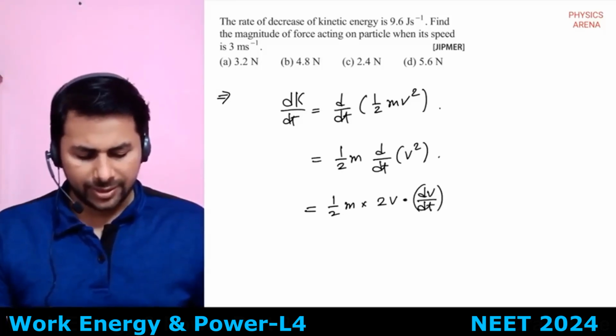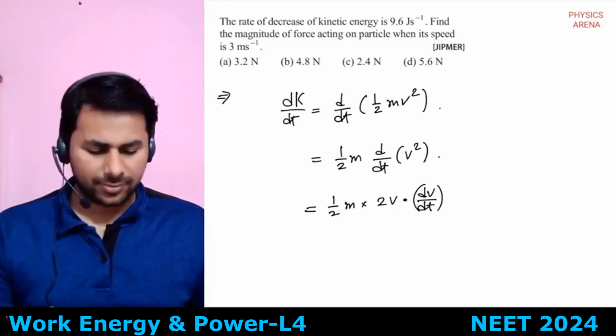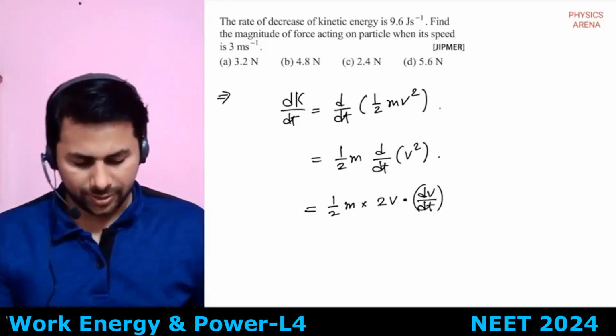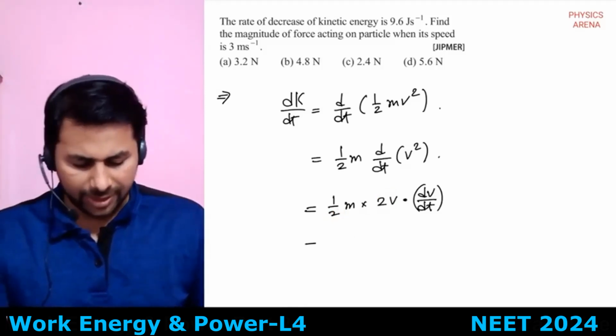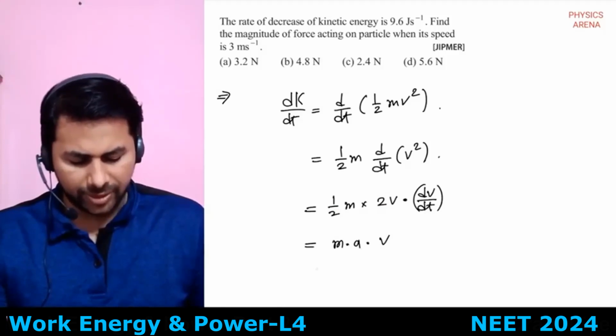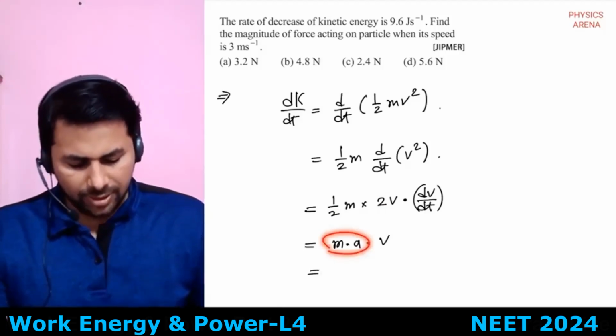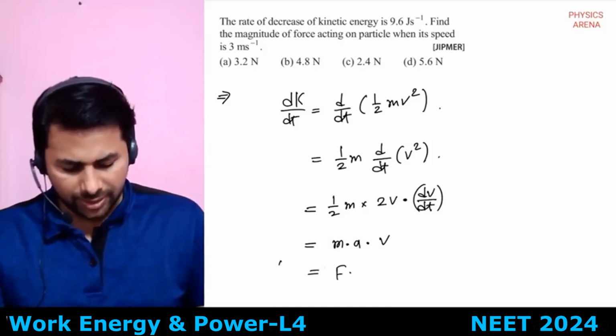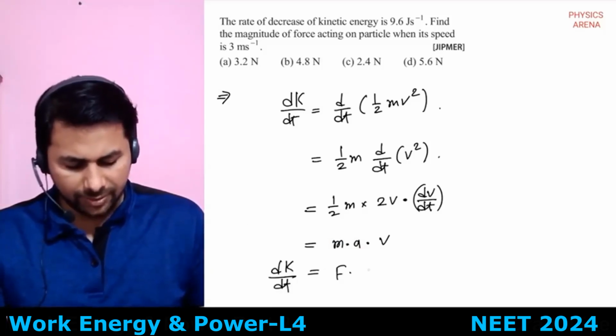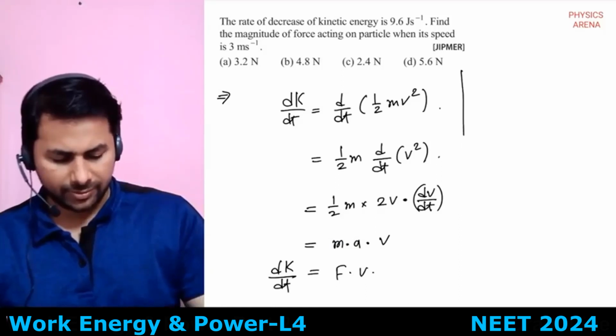And what is dv by dt? Acceleration. So this 2 gets cancelled. m v multiplied by dv by dt, that's acceleration, that is m into a multiplied by v. So m times a is force, and you have dK by dt equals F times v.